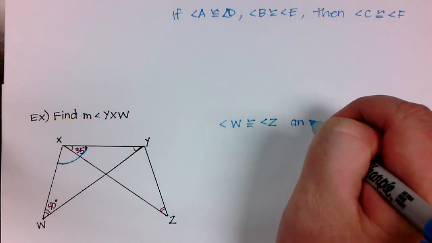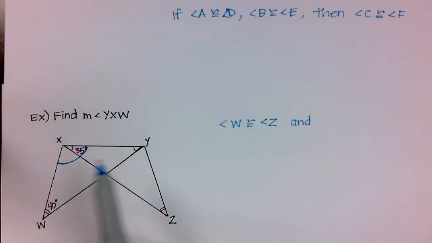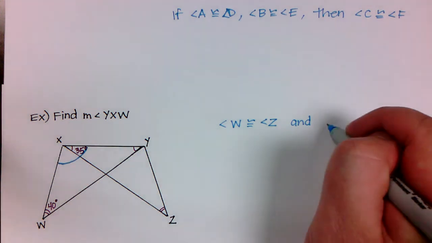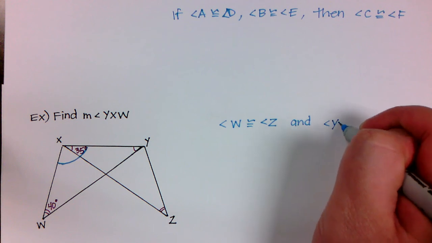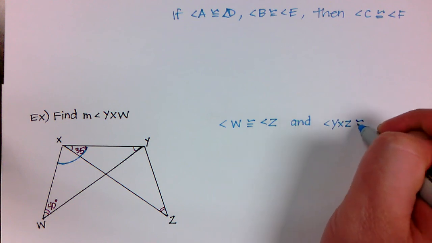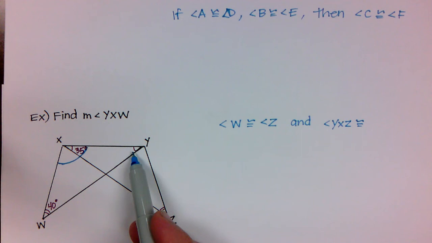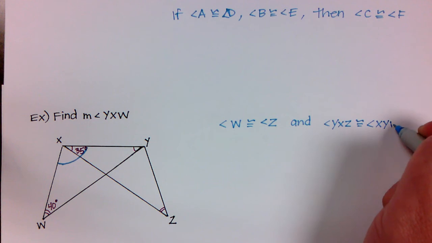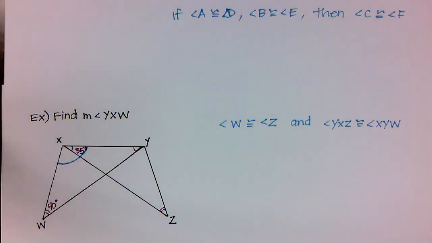And I'm also given that this little angle right here, we can call it YXZ, so angle YXZ is congruent to this little one right over here, angle XYW. So that's something that I'm already given in the beginning.